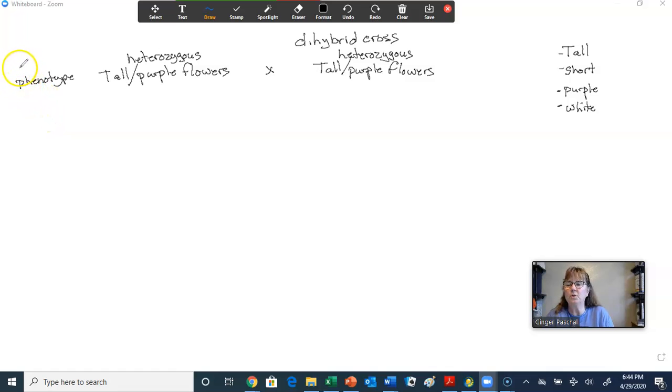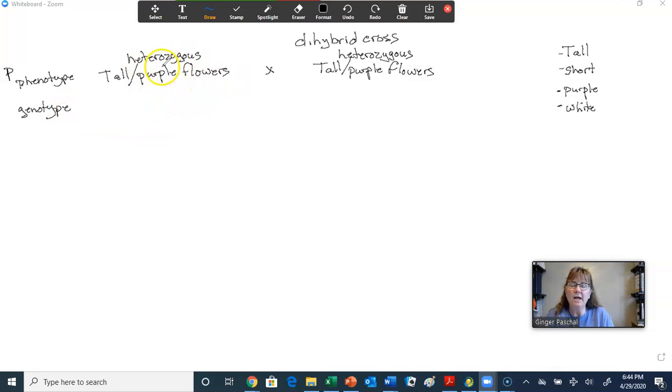We're going to call this generation the P generation. So what we want to do is we want to cross these 2 plants, and we want to find out what we get for our F1 generation. Well, in order to do this, we need to know what the genotype of each of these plants are.